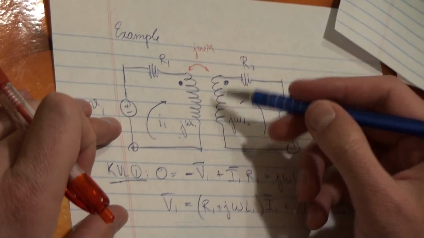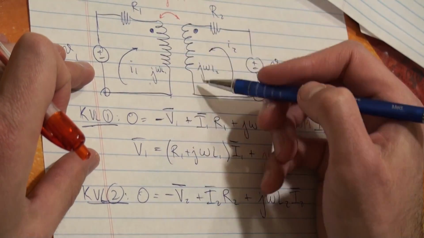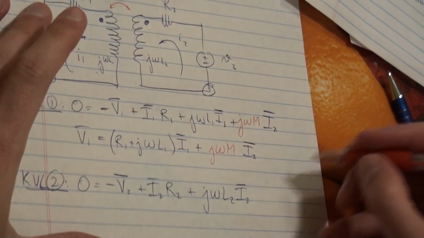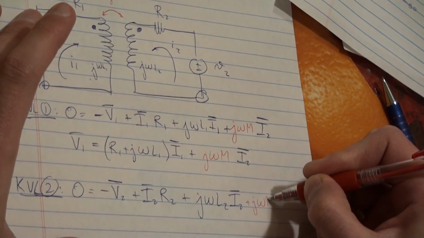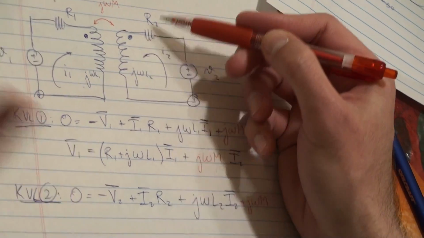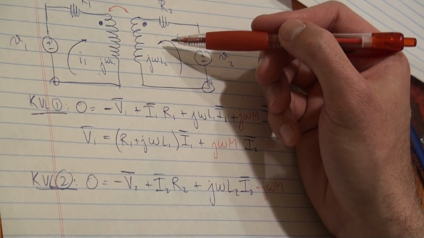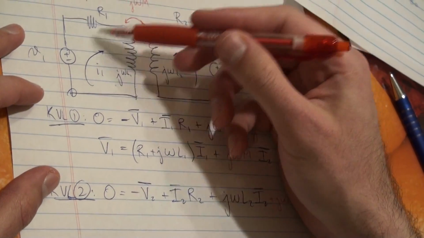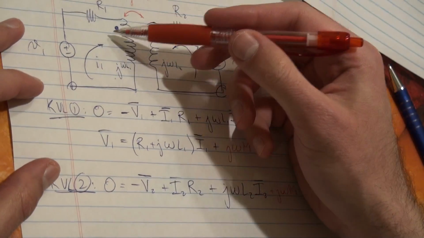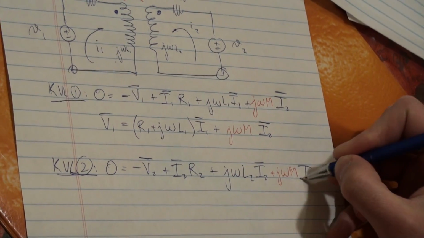So we have not only self-inductance from this guy, but we have mutual inductance from here. So we have to add j omega M. But this mutual inductance is not caused by I2, because if it were, it wouldn't be mutual, it would be self-inductance, because it's caused by itself. Mutual inductance from this side. So it's going to be j omega M times I1, because I1 is causing this mutual inductance.